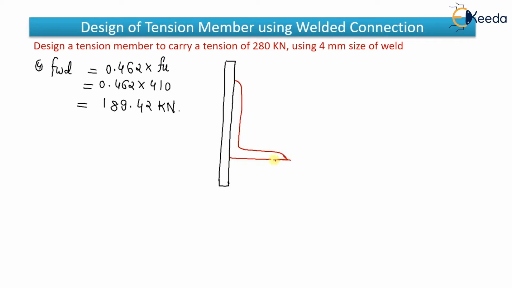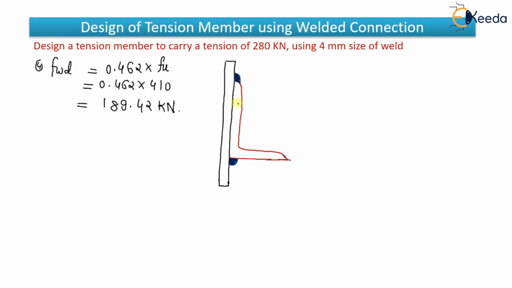Now it is not connected by the bolts, it is connected by the welding. So I'll put a welding sign here. Some welding will be provided here also, and some here also. So this is my angle.